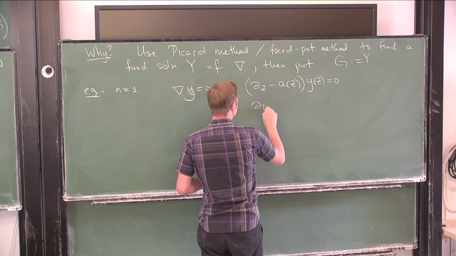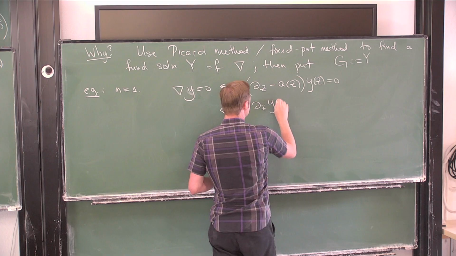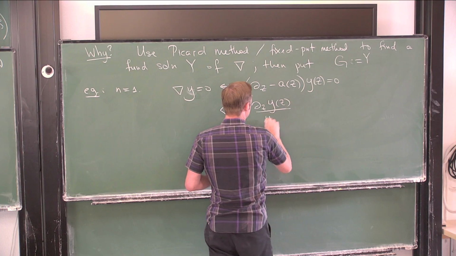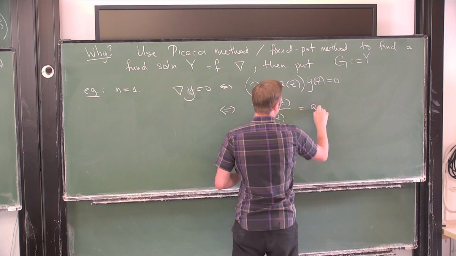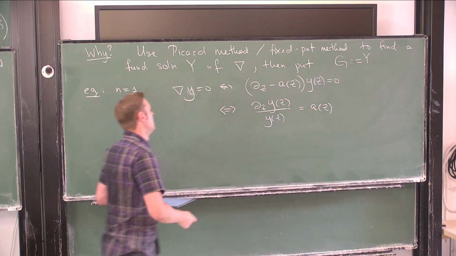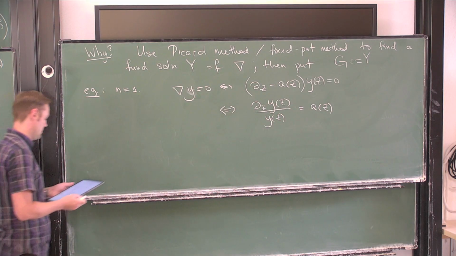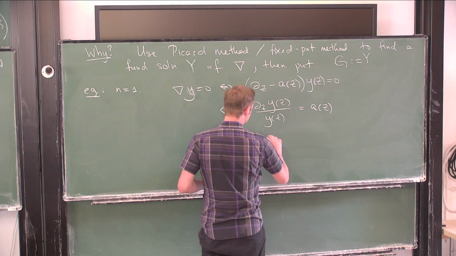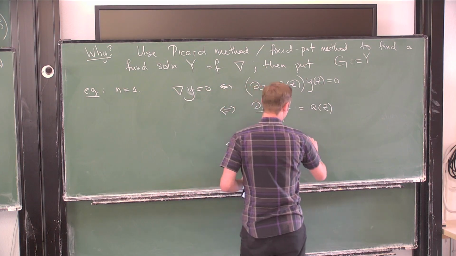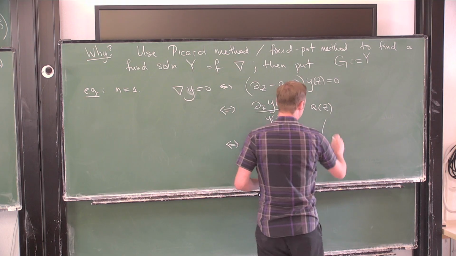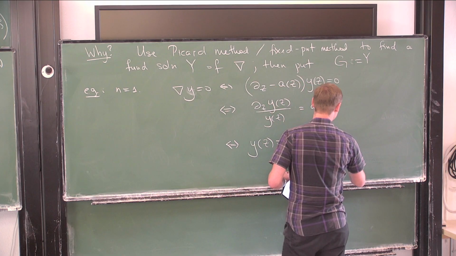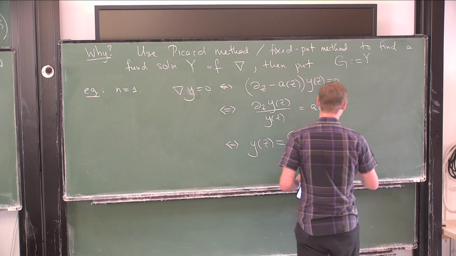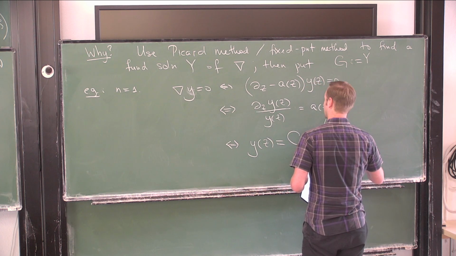You do separation of variables, and so you find that y of z is some constant times the exponential of the integral from 0 to z, for example, of a of z.